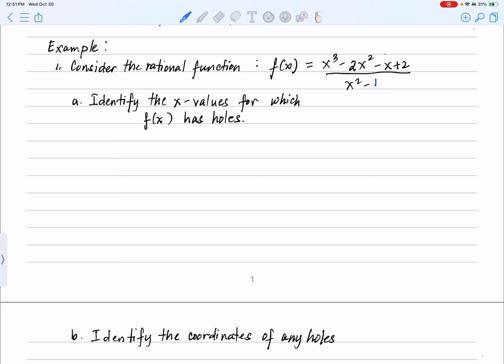Okay, I'm going to do this. The numerator, you can factor by grouping: x cubed minus 2x squared, and you group as well the negative x plus 2. You can do that grouping over there.